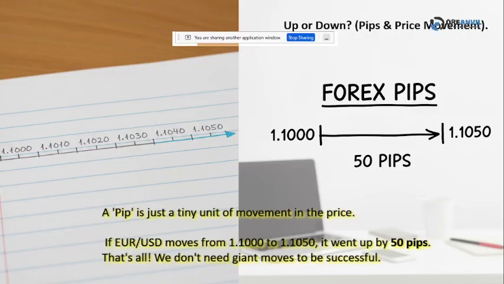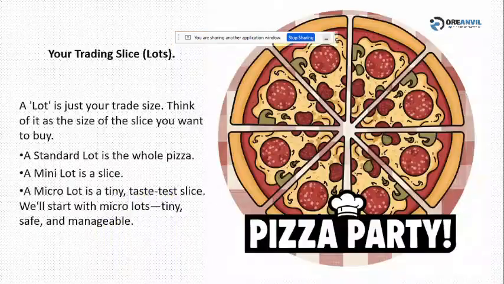And one thing you need to understand after you know these pips is grasping the concept of lot size. If we are talking about lot here, in Forex, a lot is just your trade size. As a Forex trader, when you start trading, you need a form of capital to be able to connect with the financial market.